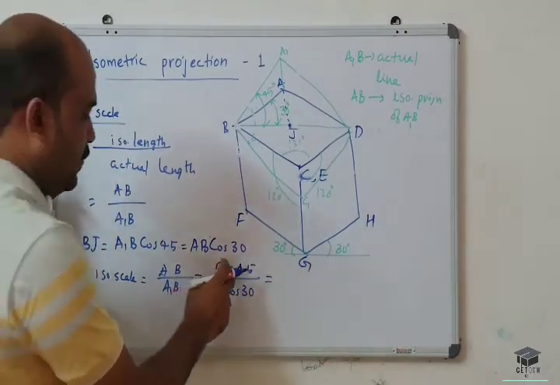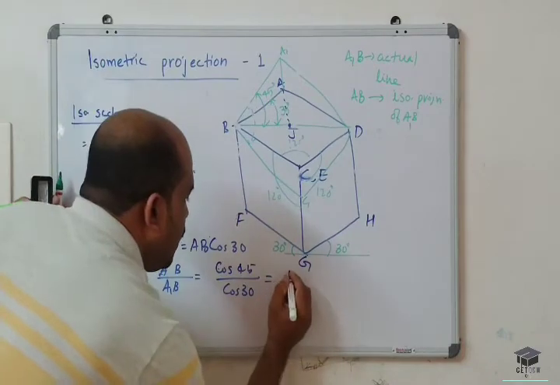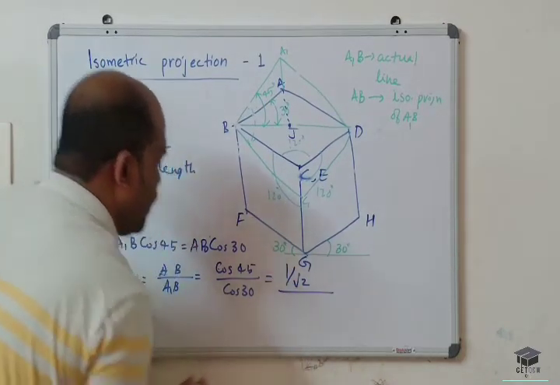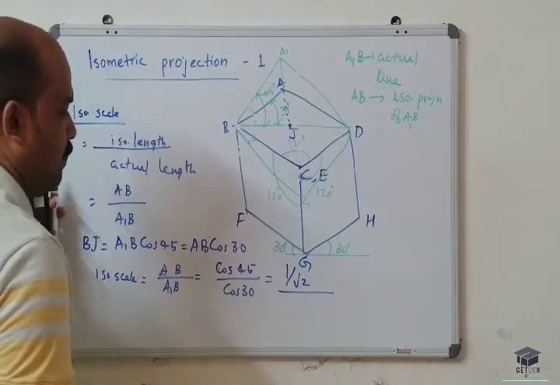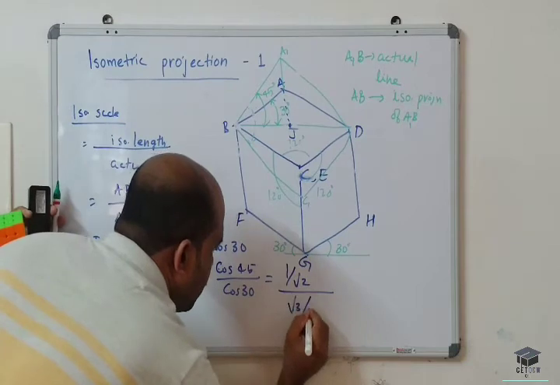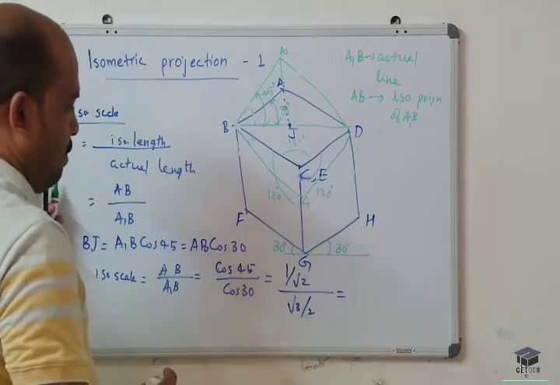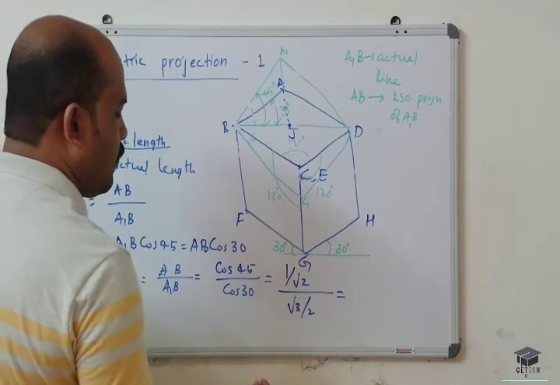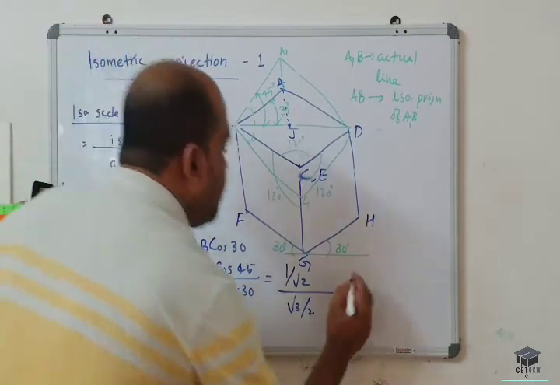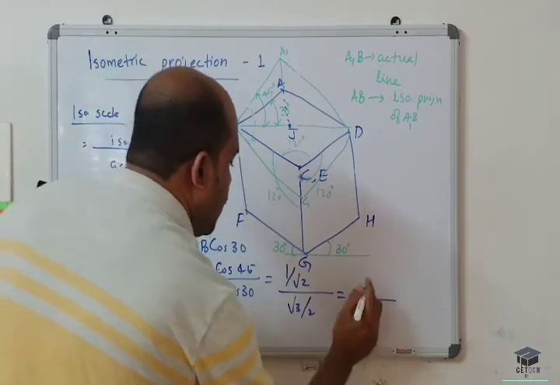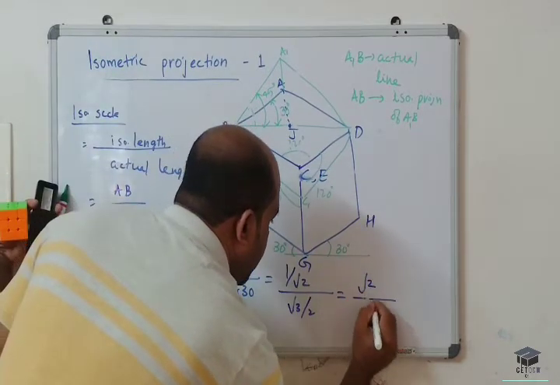What is cos 45? It is 1 by root 2. Cos 30 is root 3 by 2. So what is the value? It is root 2 by root 3.